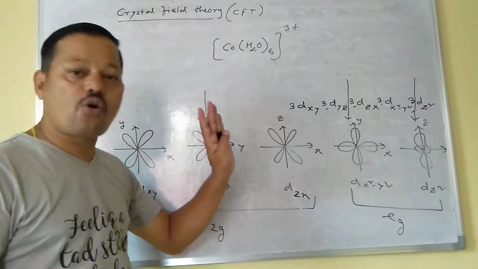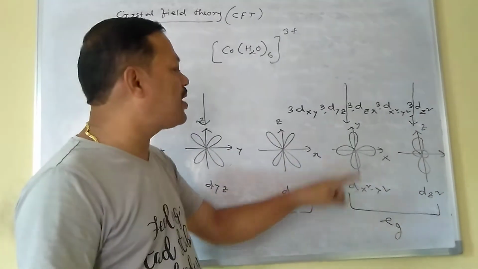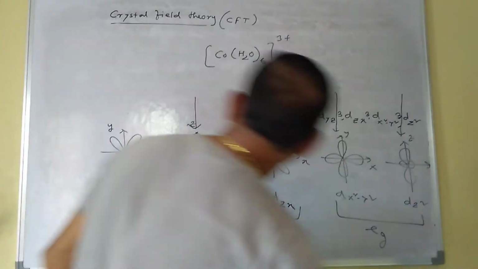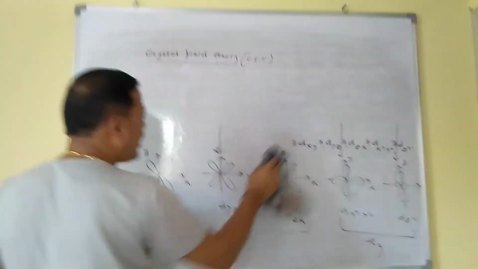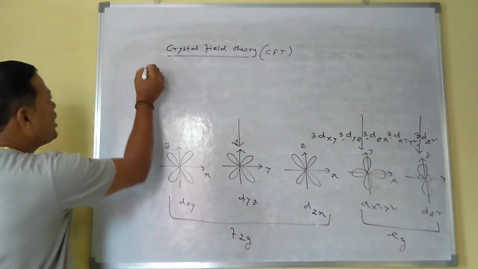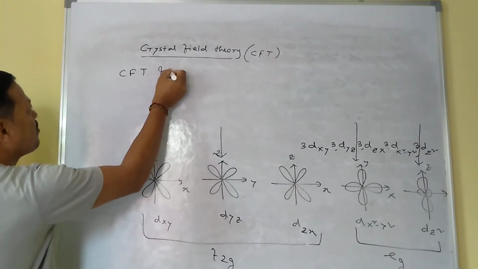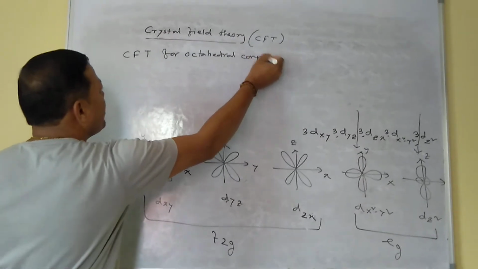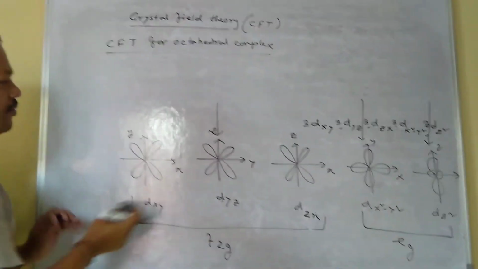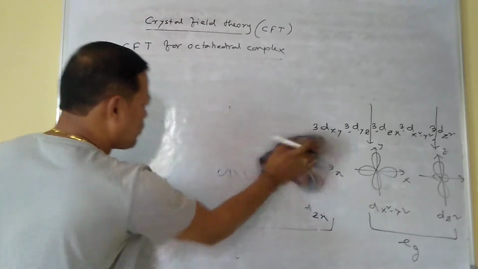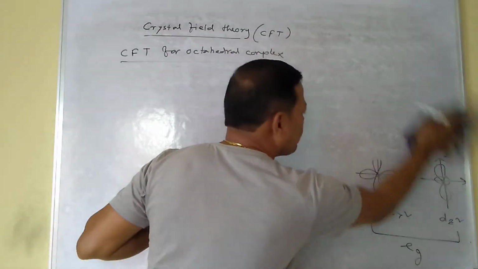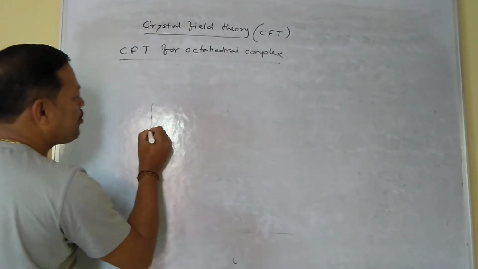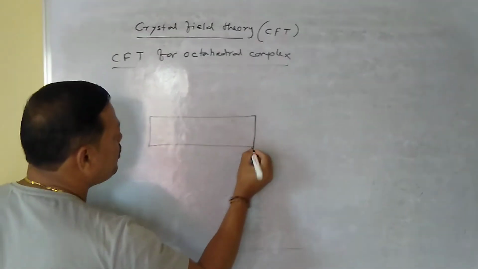This is applicable only for octahedral complexes because only in an octahedral complex does the ligand come through the axis. So if you want to draw the CFT diagram for an octahedral complex, these are the 5 d orbitals which have equal energy.